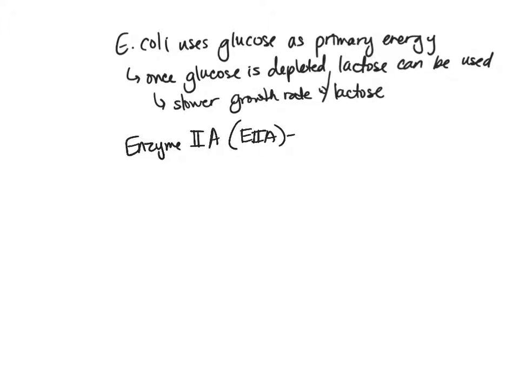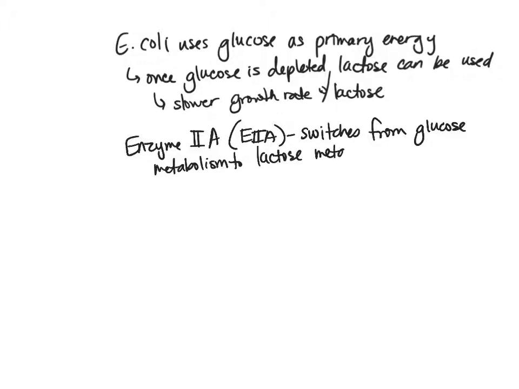So enzyme 2A is going to switch from glucose metabolism to lactose metabolism. So this is what allows E. coli to switch from glucose metabolism to lactose metabolism.